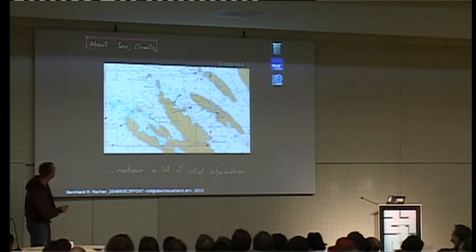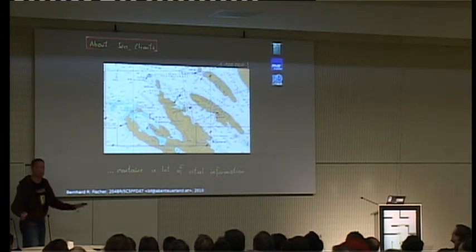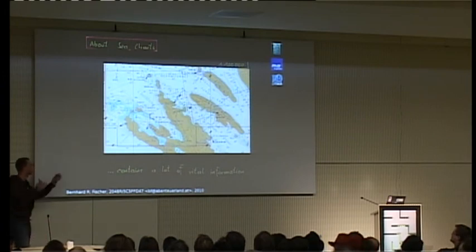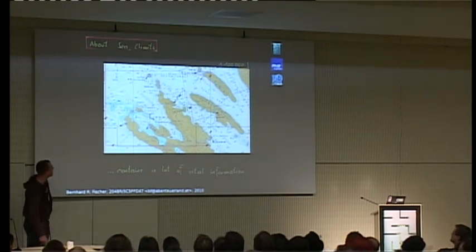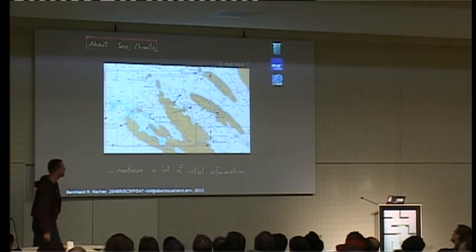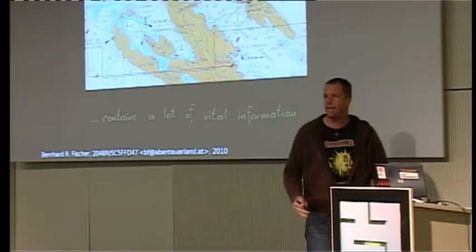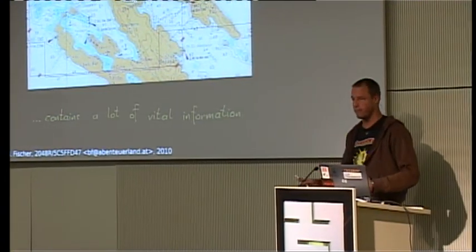Then we have, for example, some underwater obstructions, some rocks or whatever. Then what we see here, for example, is a wreck of a ship that was abandoned somewhere. Okay, so many different pieces of information we have in here, and all of this information is vital for navigating, for safe navigation of a vessel.